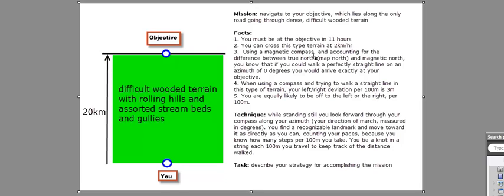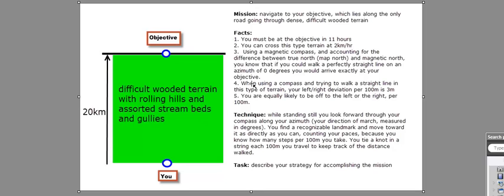You have a magnetic compass to use, and you've accounted for the difference between true north, which is north on a map, and magnetic north. And you know that after controlling for that, if you could walk a perfectly straight line on an azimuth, or magnetic direction, of 0 degrees north, you would arrive exactly at your objective.